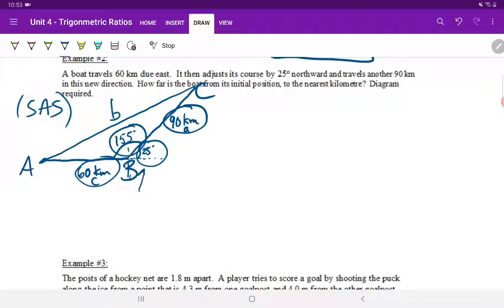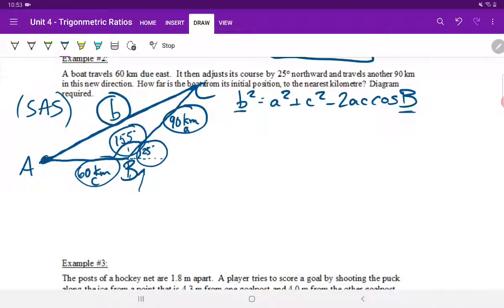It says, how far is the boat from its initial position? Well, here's its initial position. Currently, the boat is here, so we are solving for side length b. Okay, no problem. So we're going to set up our formula. Notice my lowercase b corresponds with my angle on the far right.